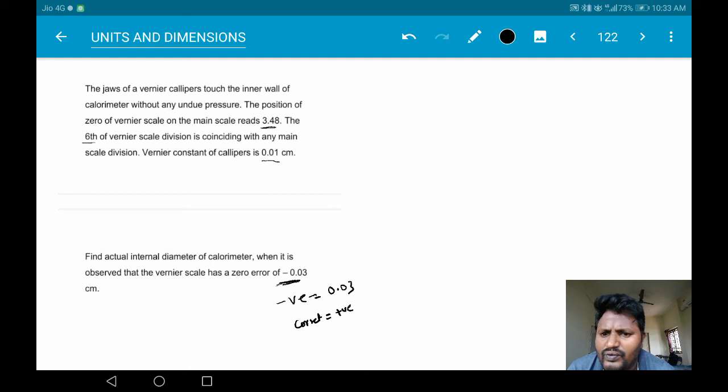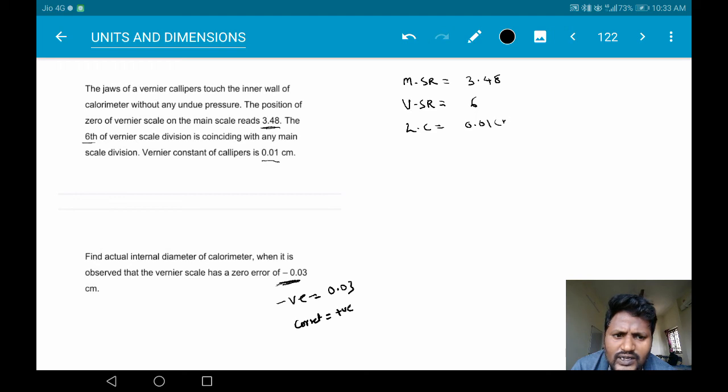The position of the vernier scale: the 0 of the vernier scale is given. So MSR is given as 3.48 and the sixth division. So VSR is 6 and the least count is 0.01 centimeter. First find out the reading of this. So 3.48 plus 6 into 0.01.